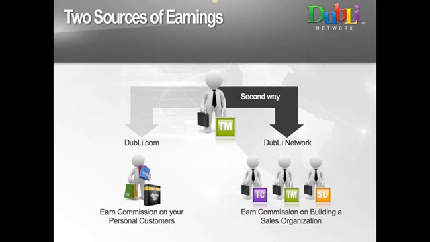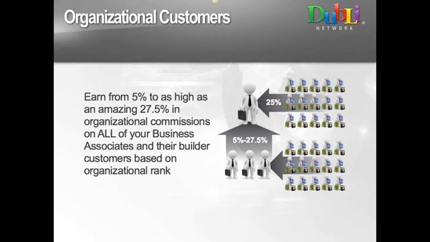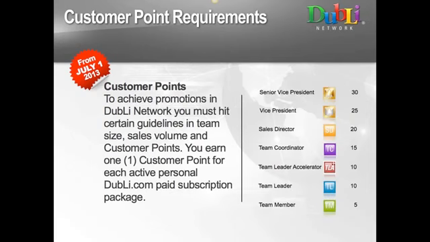Now, on the business building side, this is based on the rank that we're entitled to. This is where the second source of income comes from, which is between 5 and 27.5% based on our rank. As those of you who have seen the latest newsletter know, the customer point requirement for all business associates will go into effect July 1.